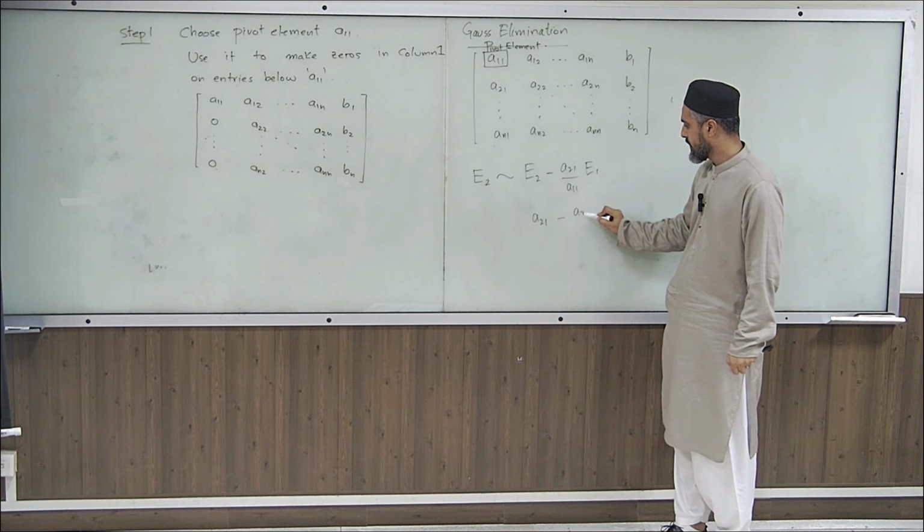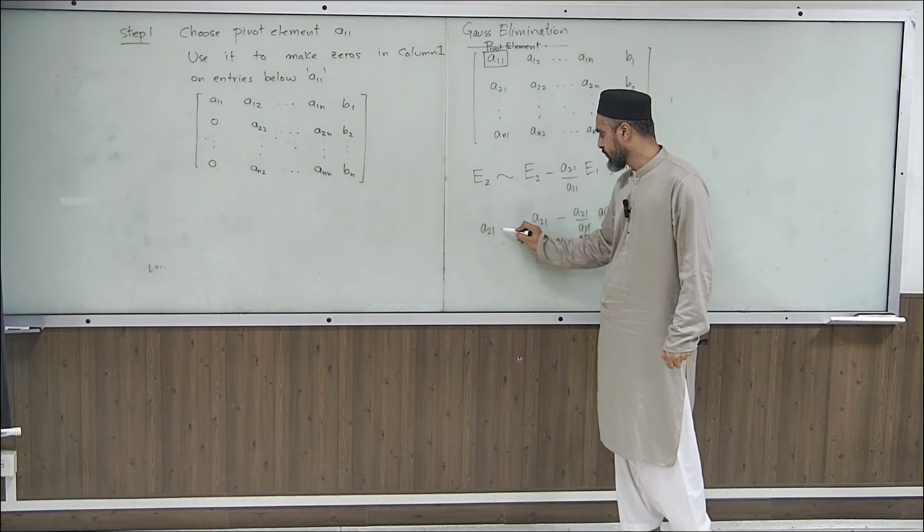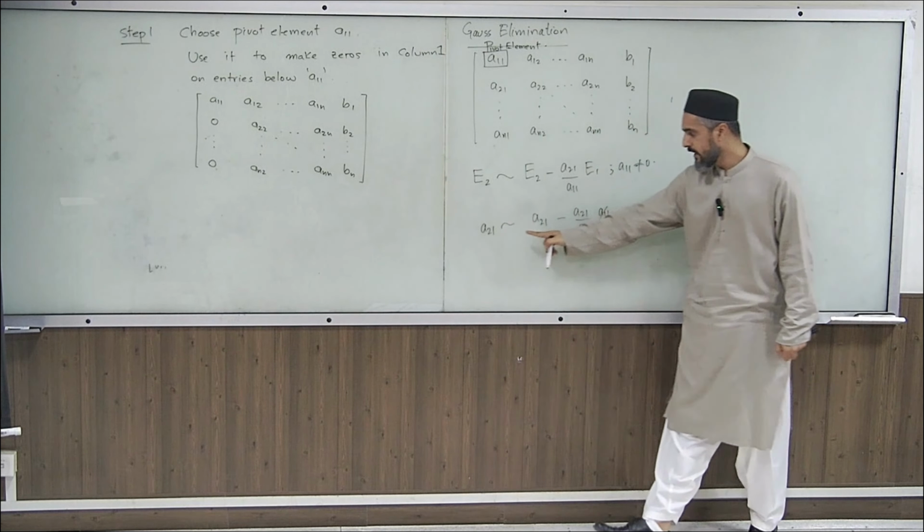If it is non-zero, it is going to cancel, and so A11 should be non-zero because we cannot divide by zero. So a pivot element should be non-zero. So it means this is 0. It means at equation number 2, the position A21 has been changed to the value 0.